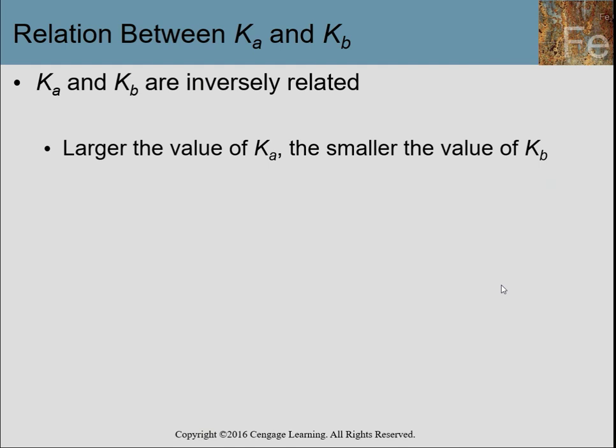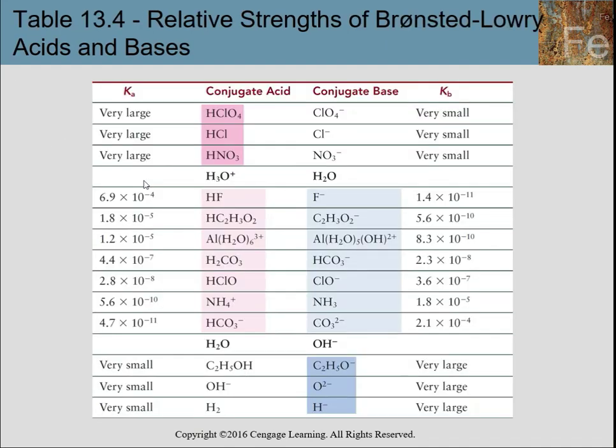And with that, they talk very briefly about them being inversely related. As Ka gets bigger, Kb gets smaller, and vice versa. Big Kas mean small Kbs, and vice versa. And here's some example values to show you the relationship. We saw these on a previous slide also.